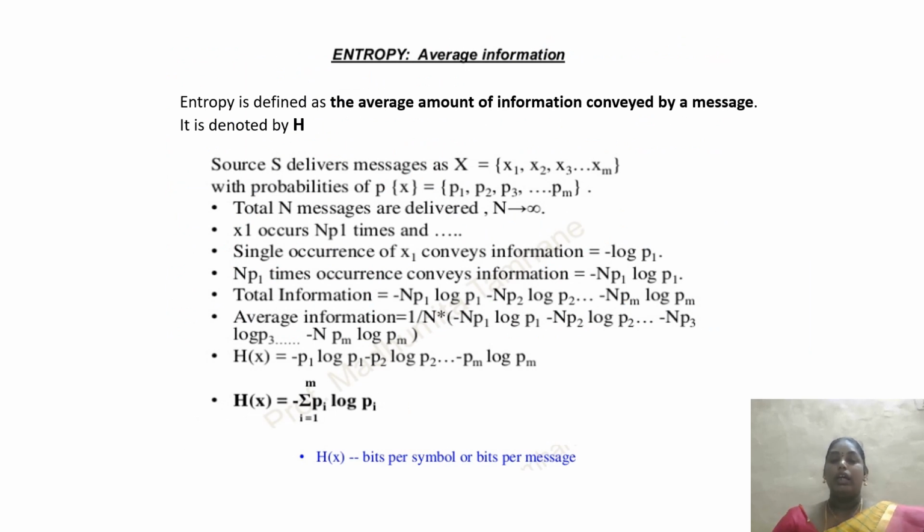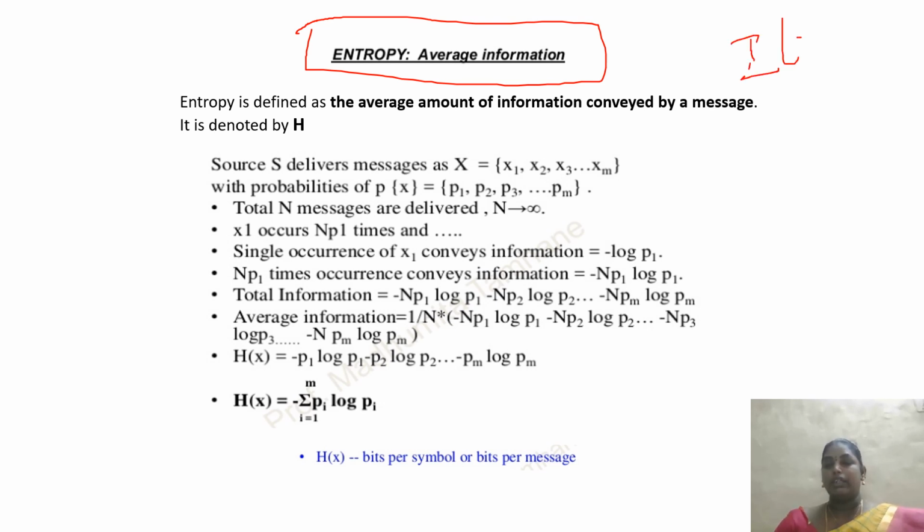Then coming to another term we know in information theory, entropy. Entropy is called average information. In the earlier topic we calculated the information of each individual symbol. Out of all the symbols, a few may convey certain information and a few may not. In that case we have to know the average information content, and finally how much information we are conveying to the destination.